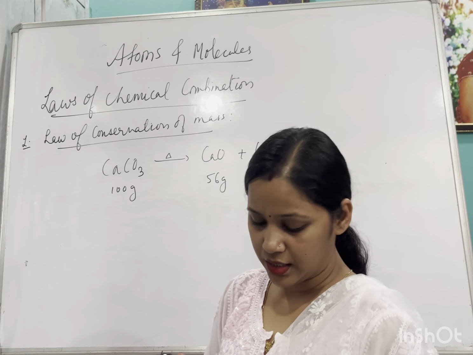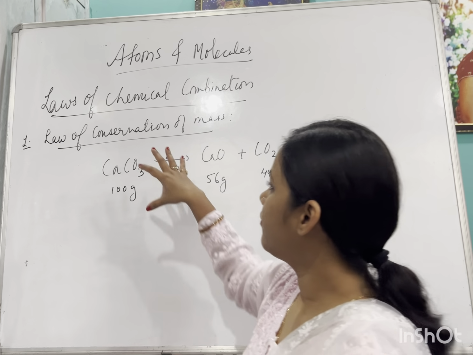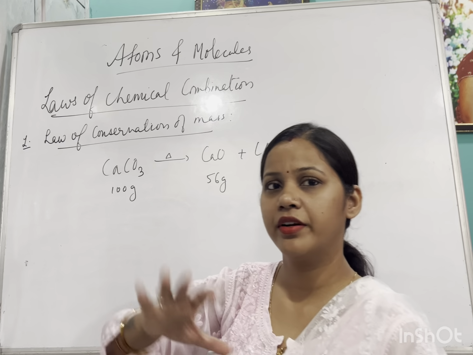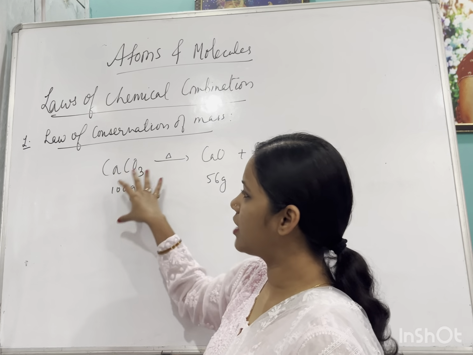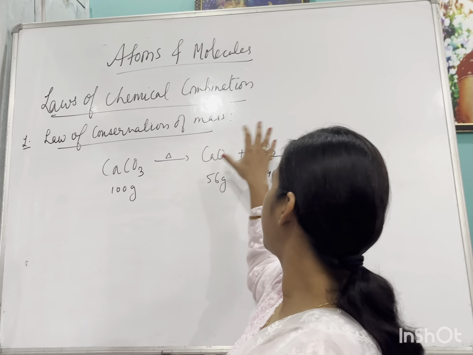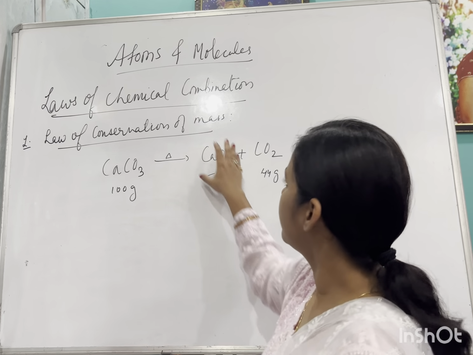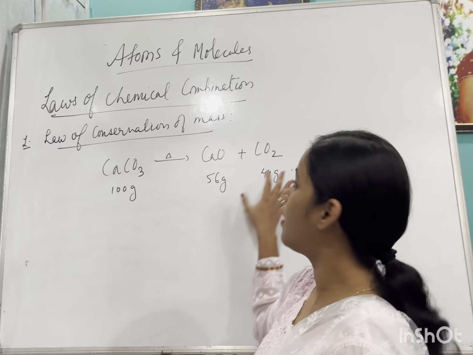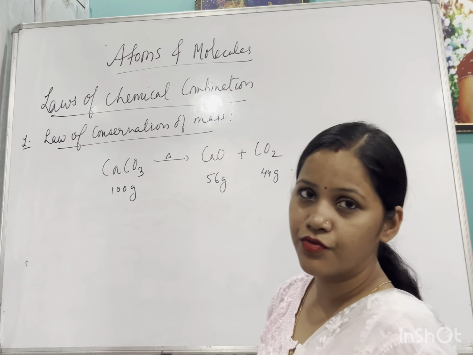If we have taken calcium carbonate 100 gram, the total mass of the calcium carbonate is 100 gram. When it is decomposed, it breaks down into calcium oxide and carbon dioxide. The mass of the calcium oxide is 56 gram and the mass of carbon dioxide is 44 gram.